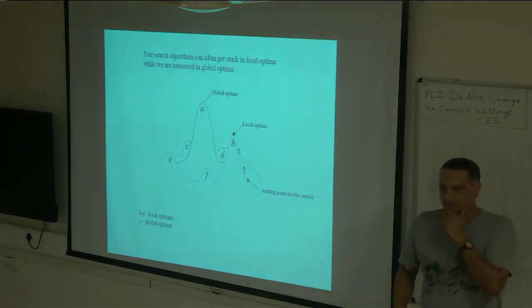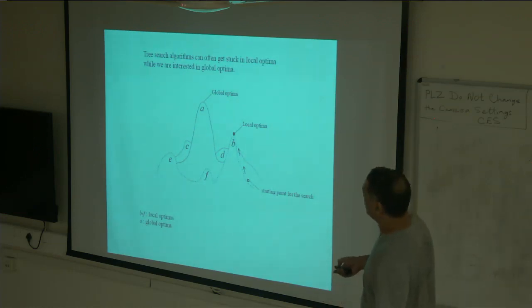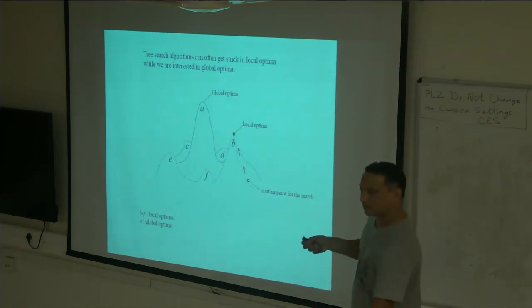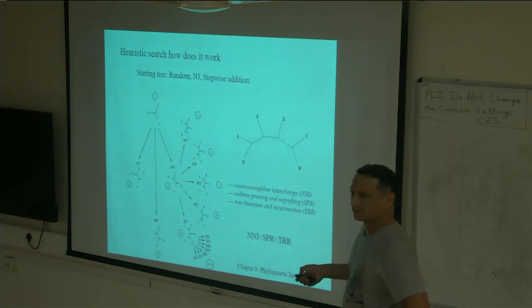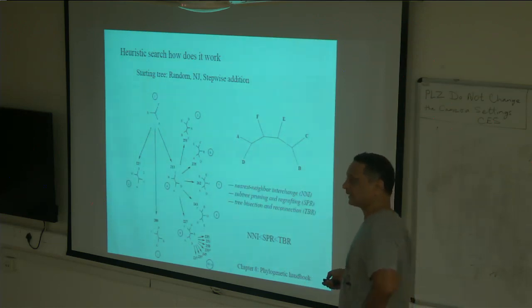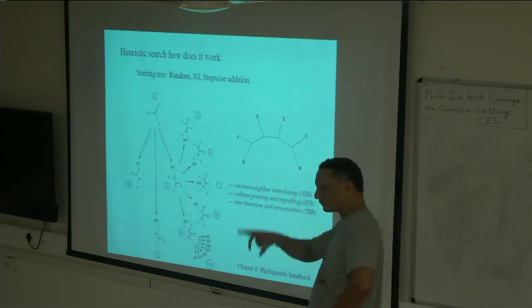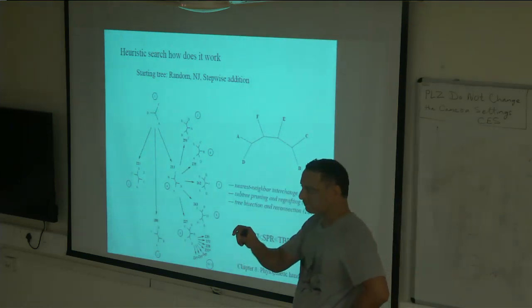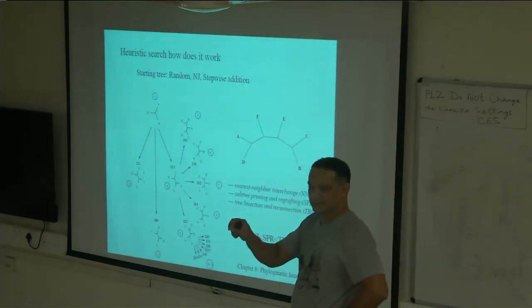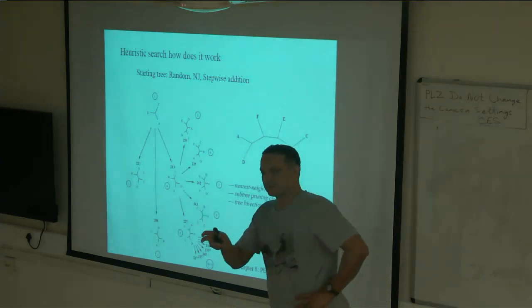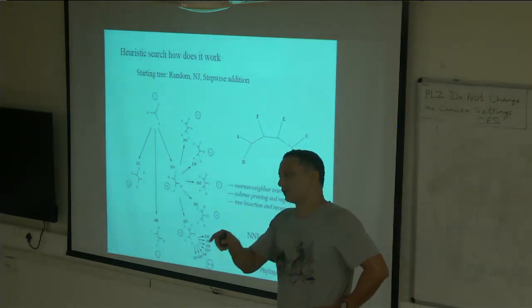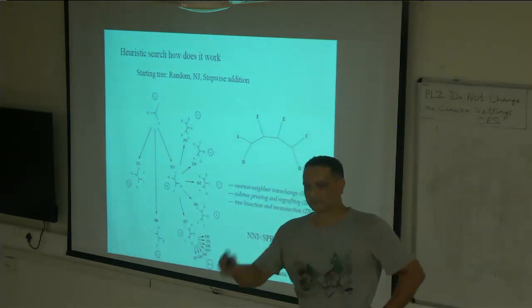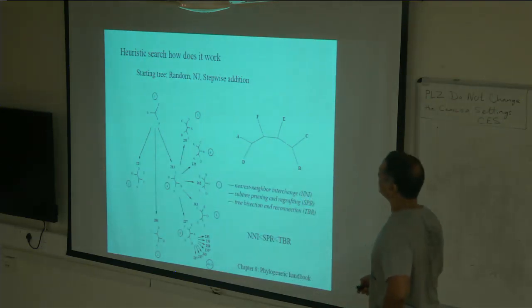So you'll have to give some thought to all these settings in the program, whichever program you're using. Read up the manual, find out what starting tree it's using, and how it is perturbing the tree, and the program will also tell you how long it will take to do some of these searches.